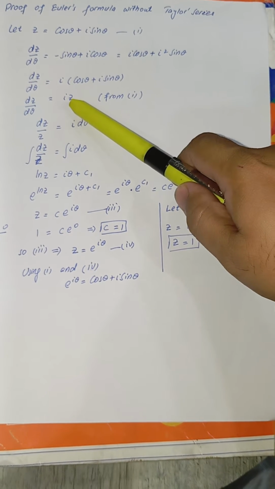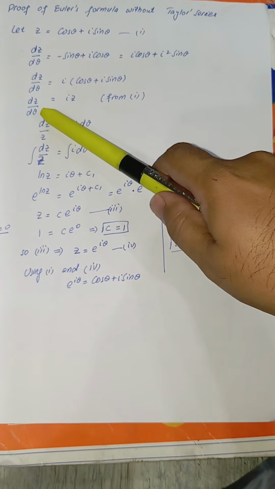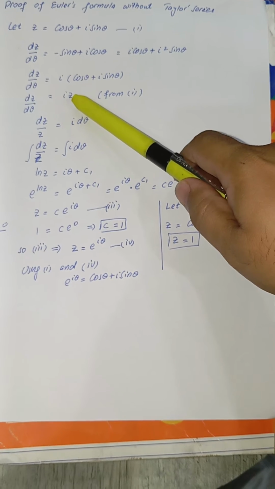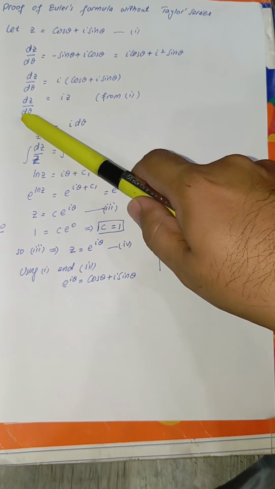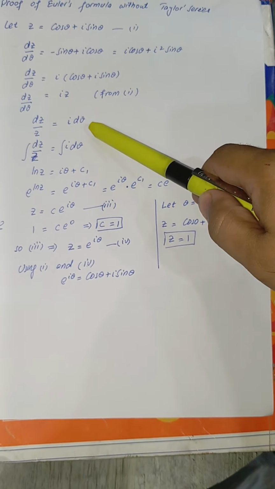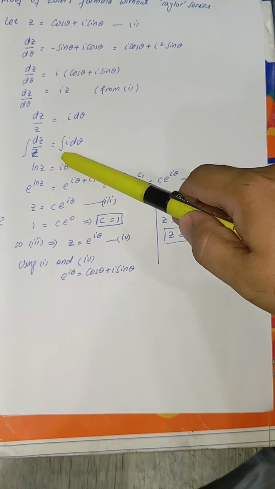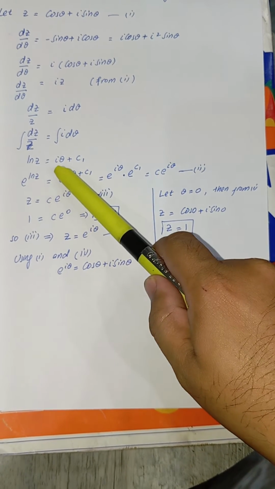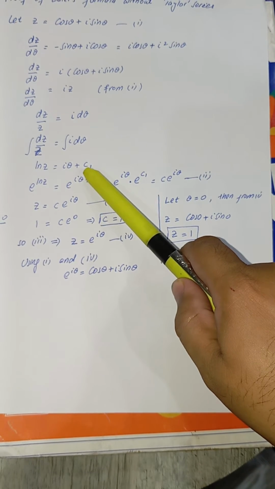Now we separate the variables and it can be written as dz over z. We divide this z here and multiply d theta here. So after integration we get ln z is equal to iota theta plus some constant, say c1.